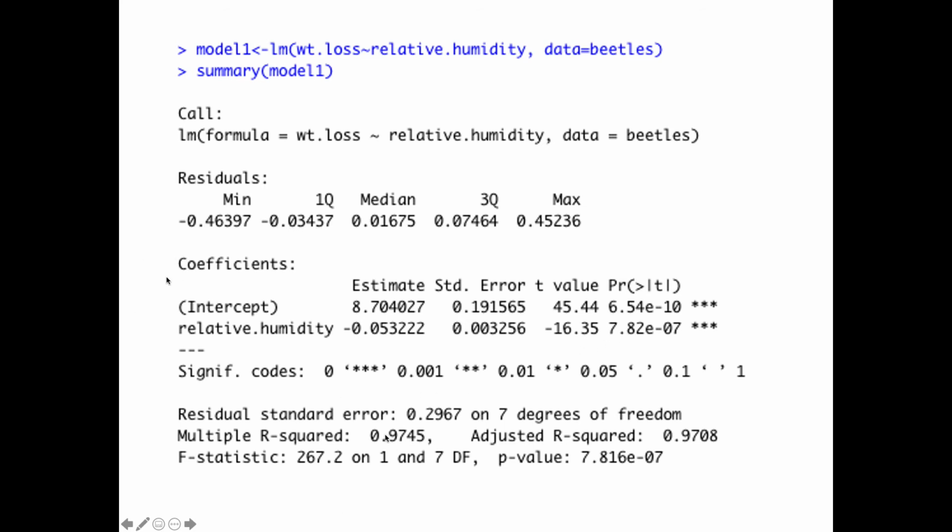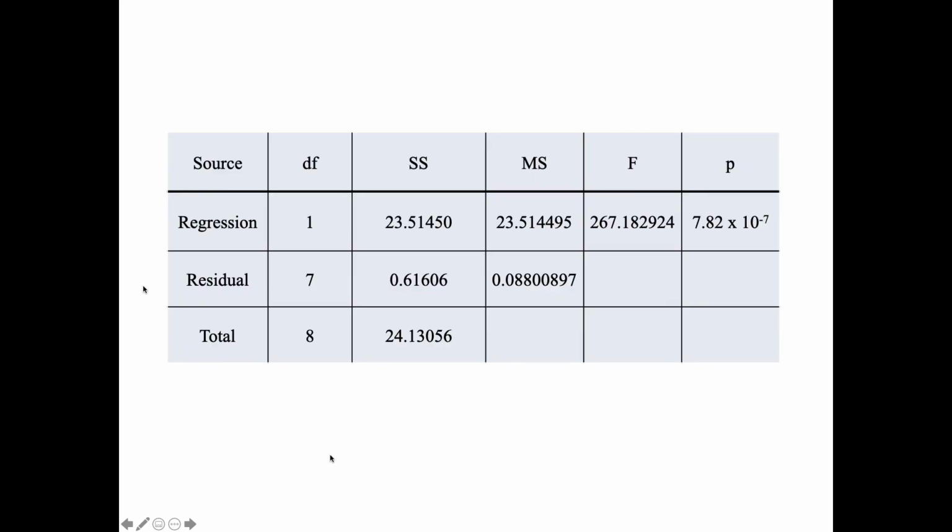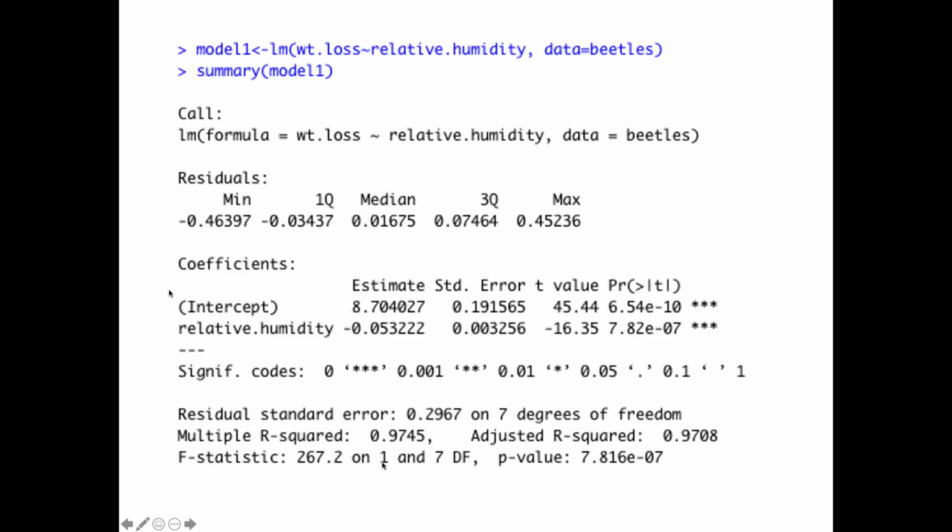But down here, you will also see that we have a thing called an R-squared value, which we're going to talk about in a few minutes. And we also have the F statistic, which is 267.2, which is what we calculated here. And we also have the degrees of freedom, which are 1 degree of freedom for the regression model, 7 degrees of freedom for residual, and then there is the p-value, 7.82 times 10 to the minus 7th.